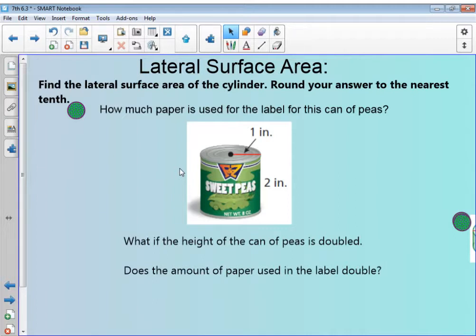What if the height of the can of peas is doubled? Does the amount of paper used in the label double? So what I want you to do is pause your video and find the lateral surface area for this sweet pea label to begin with, and then we'll discuss the doubling part in just a minute. Go ahead and pause your video, work your way through finding that label portion of that can, and then start it back up to check your answer.